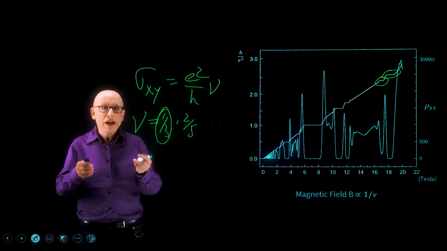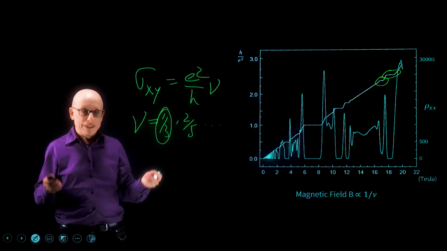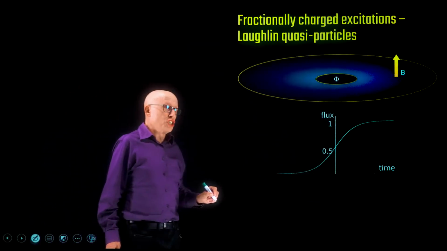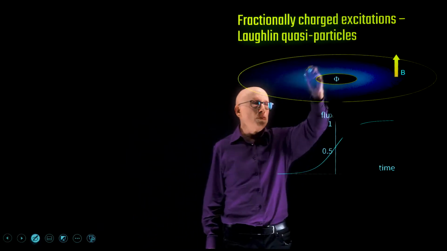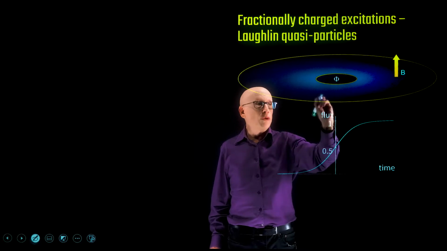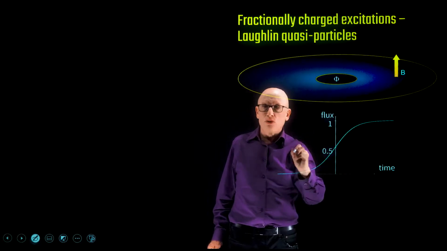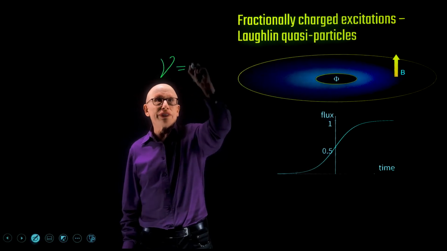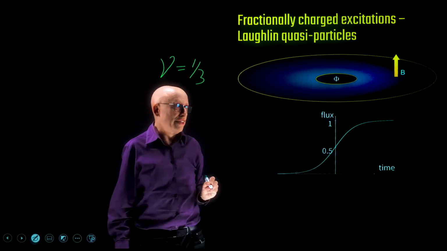So we are after the fractionally charged quasiparticles. Our main tool in our search for fractionally charged quasiparticles is going to be this system of a disk where the electrons are subjected to a perpendicular magnetic field and form a fractional quantum Hall state with nu equals 1/3.